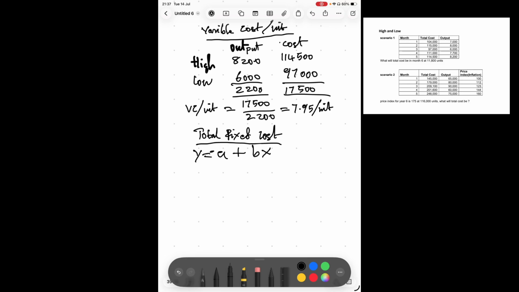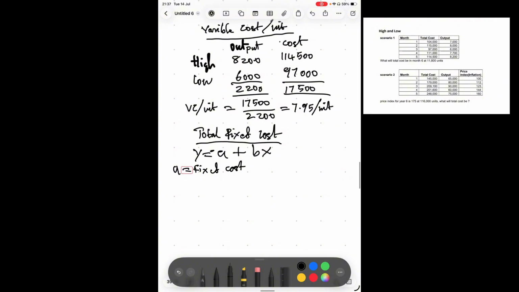A stands for our fixed cost, and b is the variable cost per unit. We've gotten b already as 7.95, so let's get a. Y stands for total cost, whereas x stands for your output.